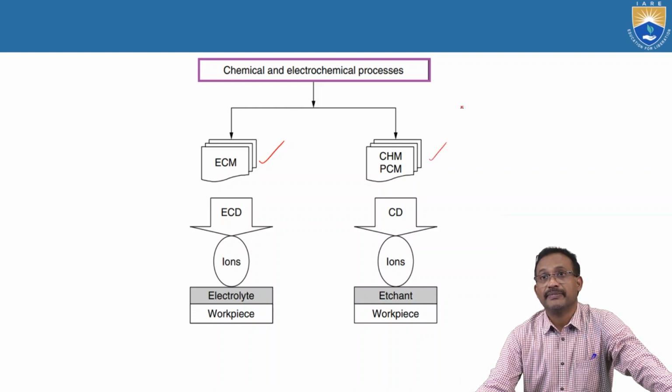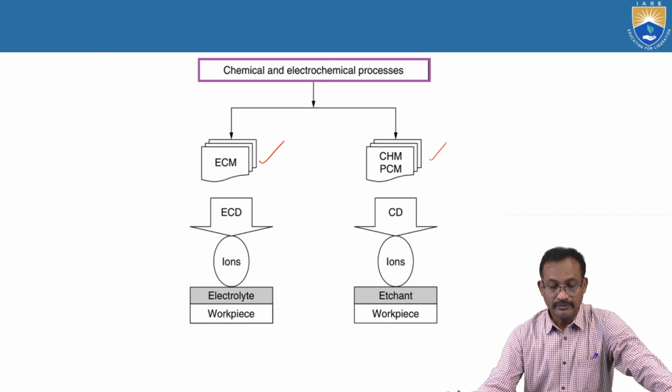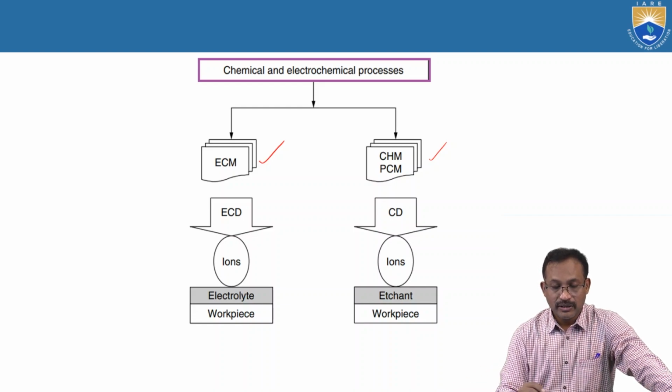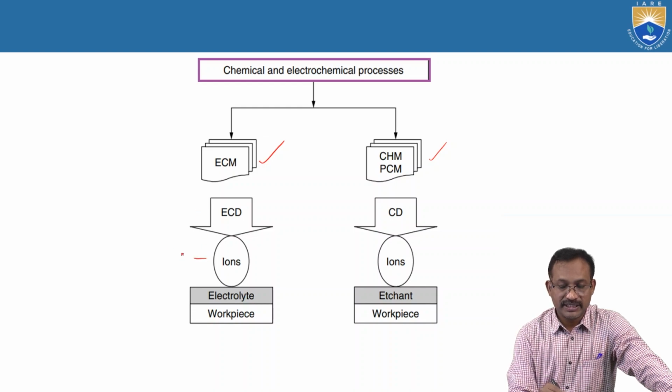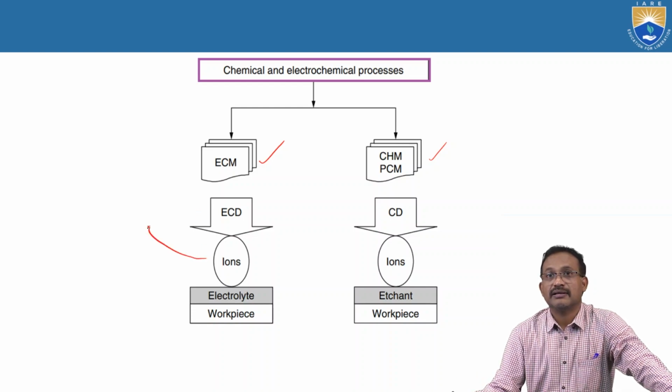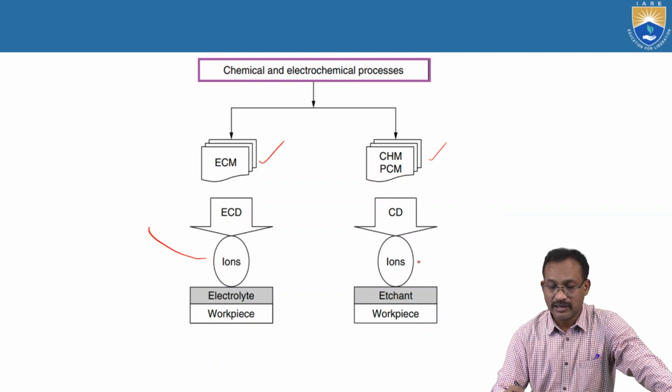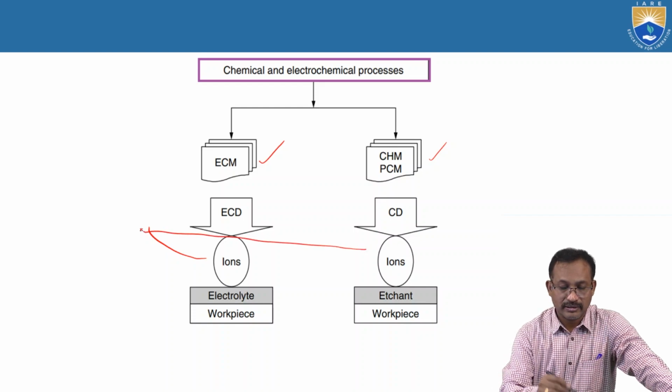CHM and PCM, chemical machining and plasma chemical machining. We'll see one by one. So in ECM, the striking material is ions. Okay, so in chemical or plasma chemical machining are ions.